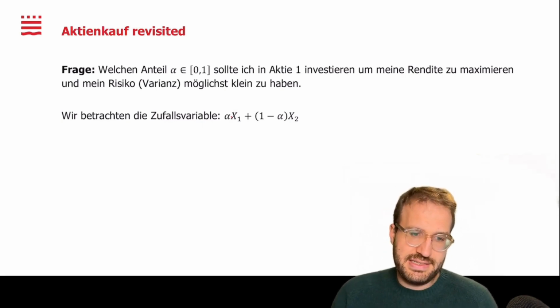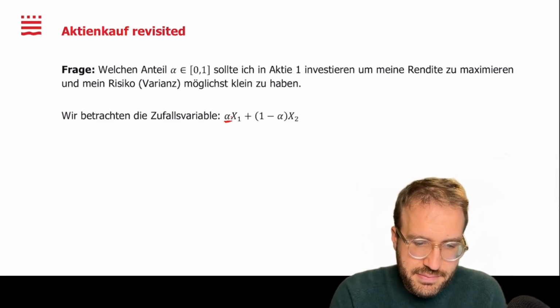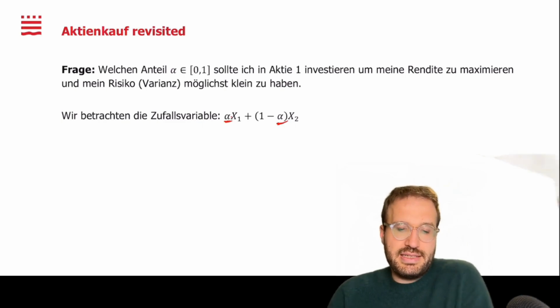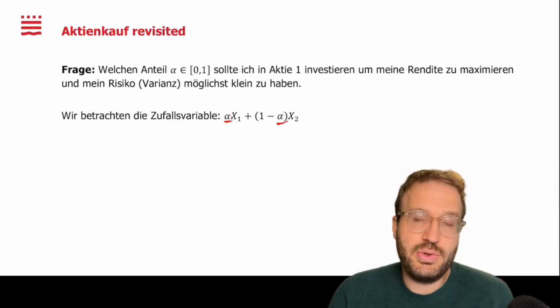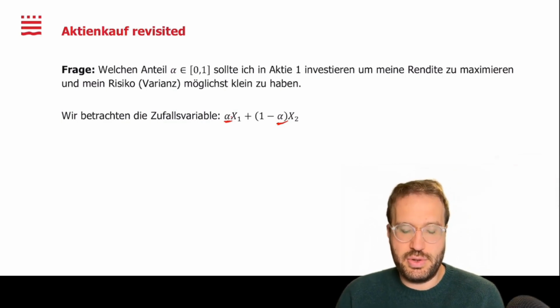And combined, this is my total return. And we remember we want to find alpha, so that the expected value of this random variable is as large as possible, while also keeping the variance as small as possible.